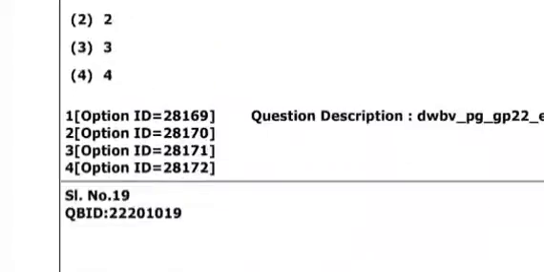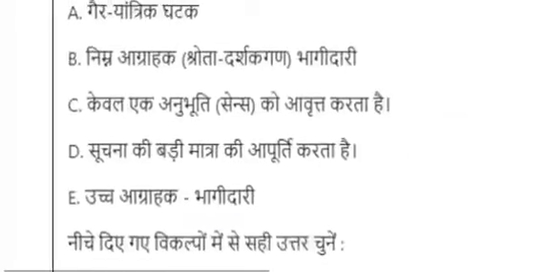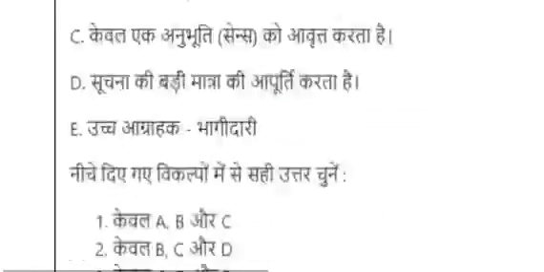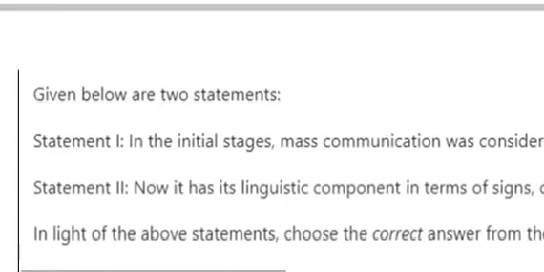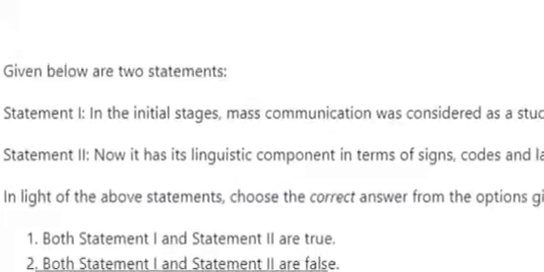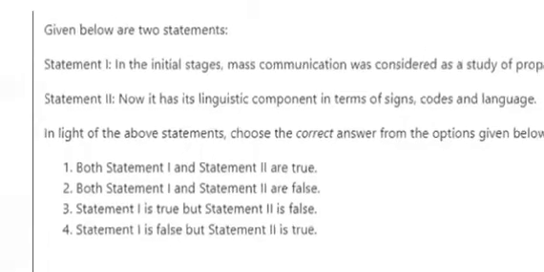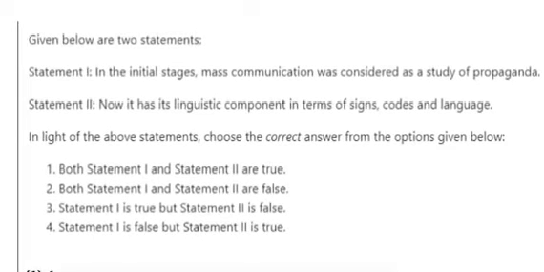Then number 19. Given below are two statements, pretty much the same question. Statement 1 says, in the initial stage, mass communication was considered as a study of propaganda. Statement 2 says, now it has its linguistic component in terms of signs, codes and language.